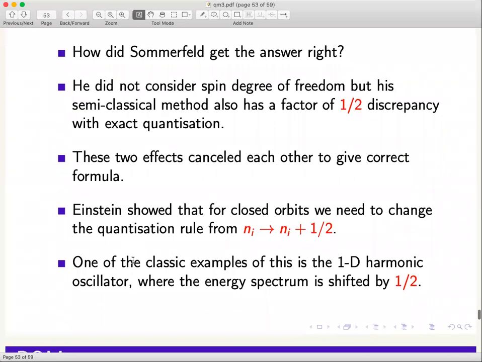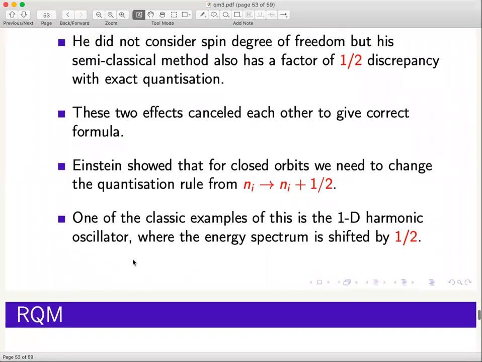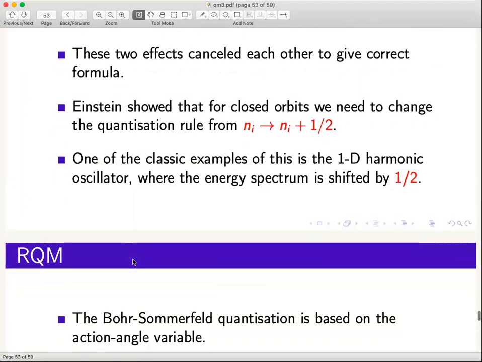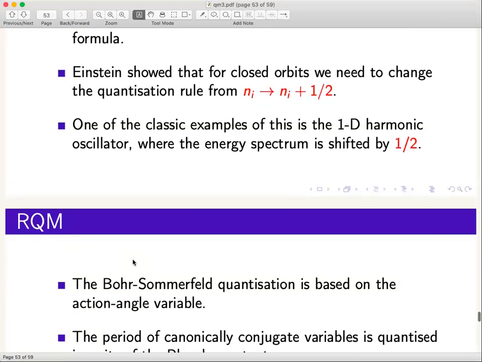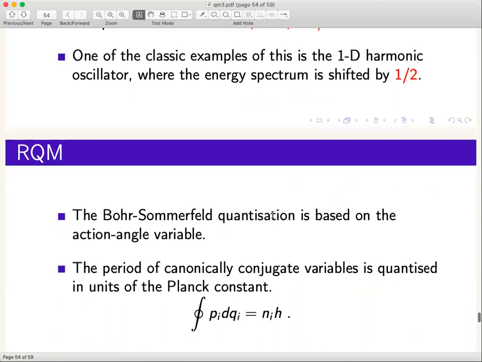So this is the WKB approximation, right? Yes, this is a WKB type approximation. But if you do a semi-classical approximation, you wouldn't see this half coming out very easily. So that is what Bohr-Sommerfeld quantization is.